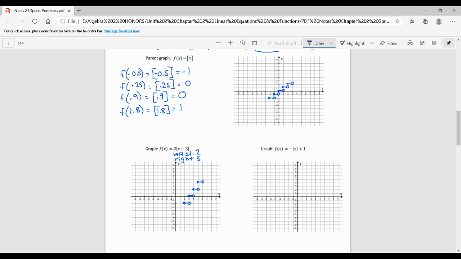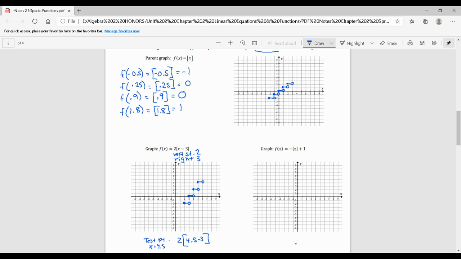Let's do a test point, okay? Let's plug in 4.5. So x is 4.5. If I plug 4.5 into this equation, it's saying subtract 3, that would give me 1.5, and find the greatest integer of 1.5.